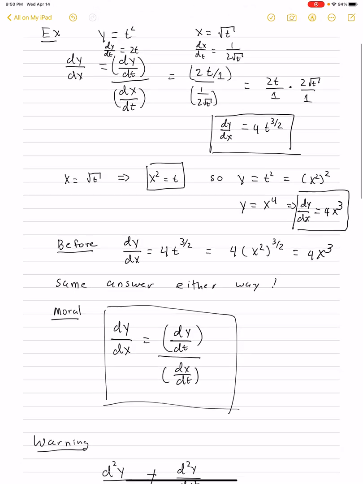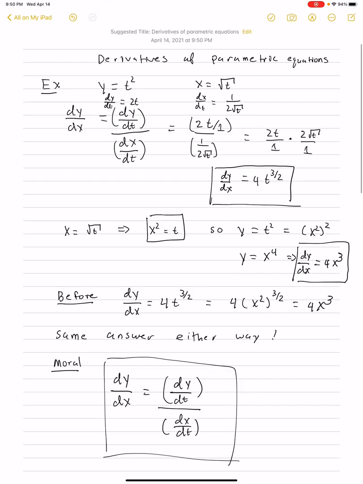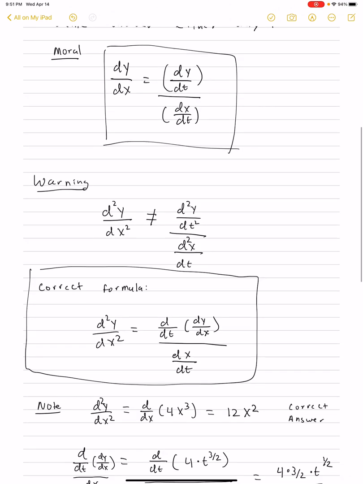The second derivative of x is the derivative of 1 over 2 root t. That will be minus 1 over 4 times t to the 3/2.